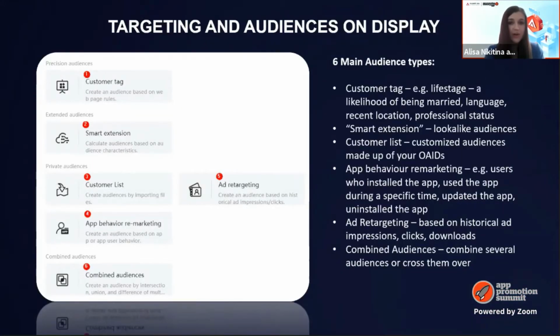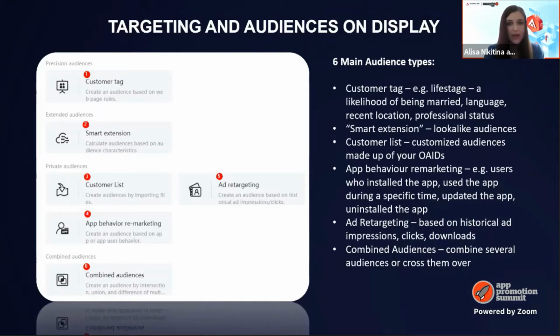So talking about audience targeting, overall it's quite similar to audience targeting on many other platforms, but there are 6 main audience types in our case. First one is customer tag. Here you can create an audience based on web page rules.